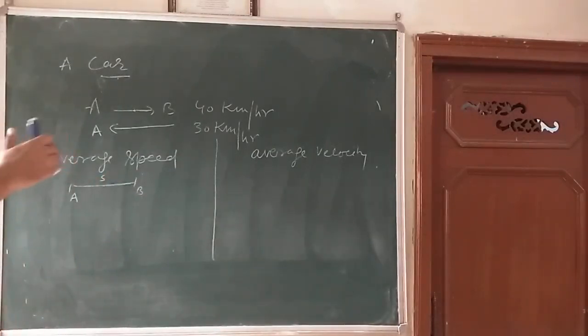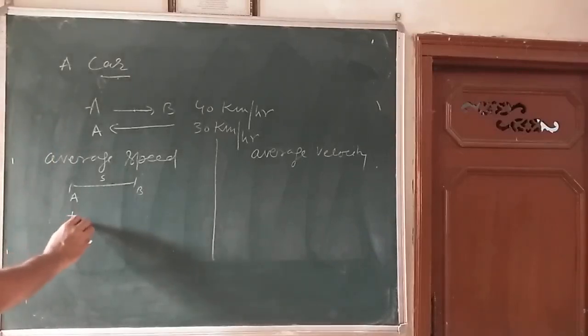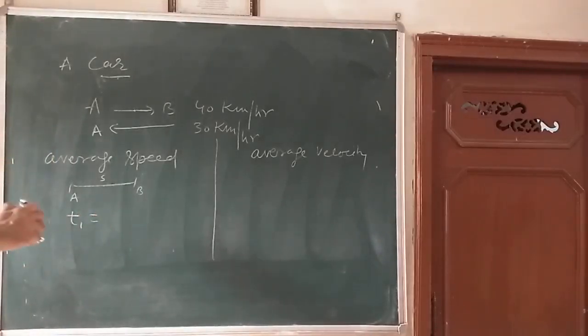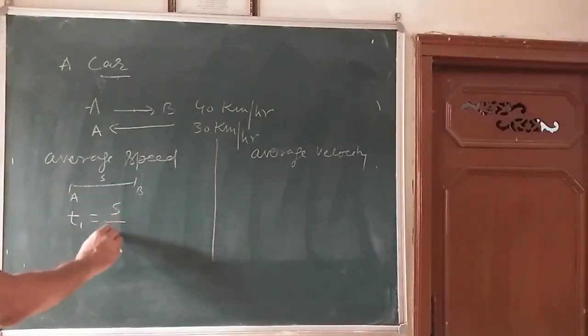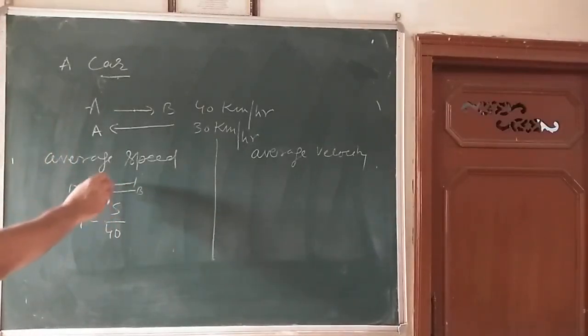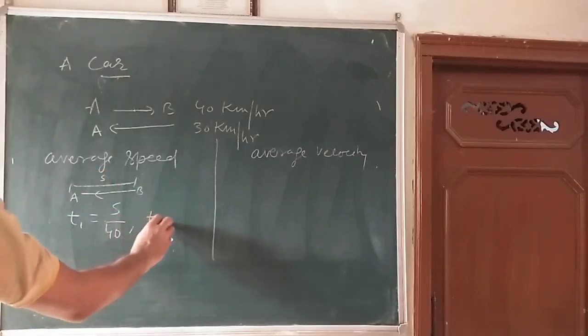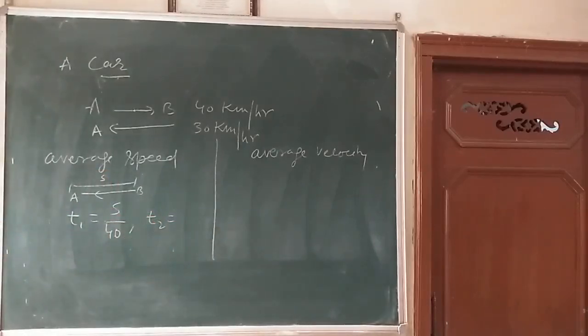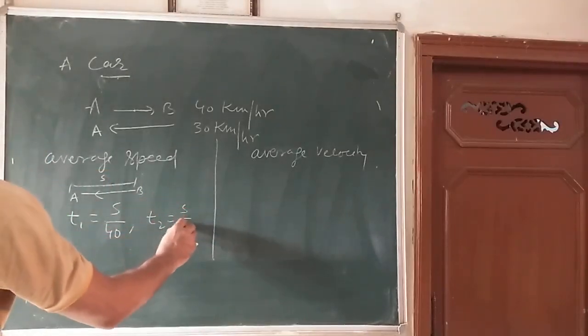Time taken to go from A to B is say t1. So t1 is equal to distance s and speed is 40, so s divided by 40. Once it returns back and goes from B to A, distance is the same, say time is t2. So t2 comes out to be s divided by 30.